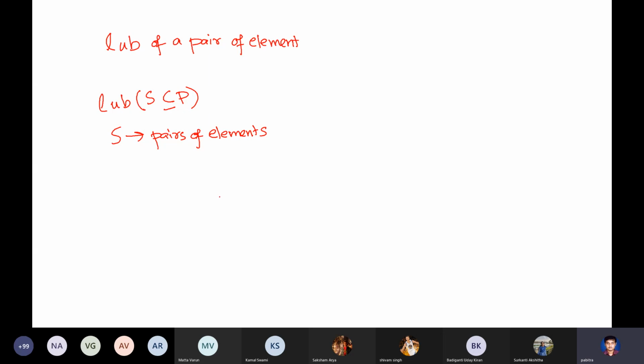Let's take an example. Let's take this again, or maybe this as an example. Now my subset is only a pair, only two elements at a time.